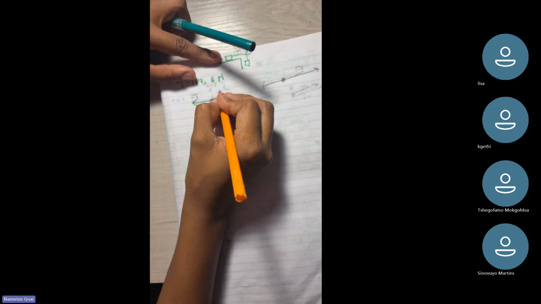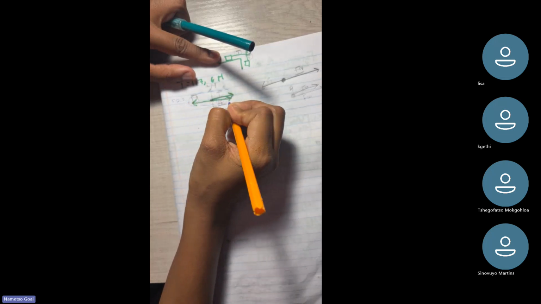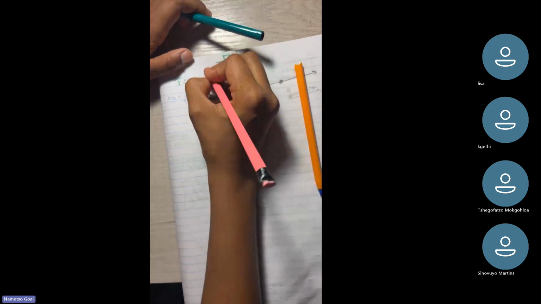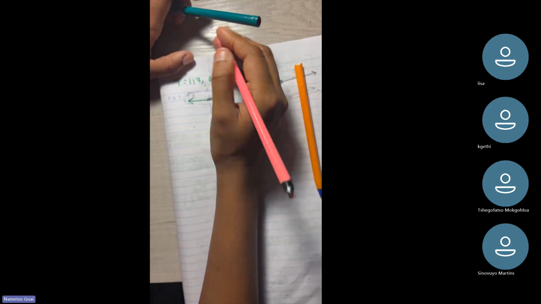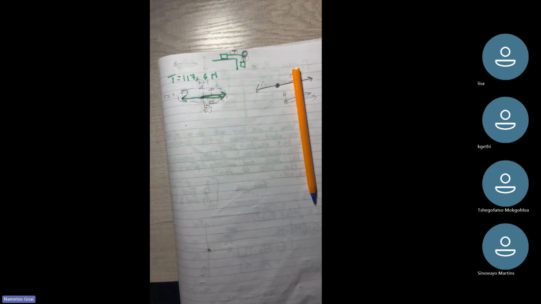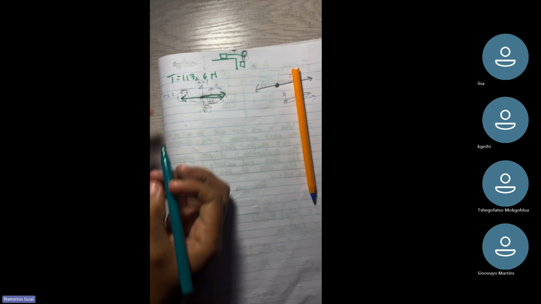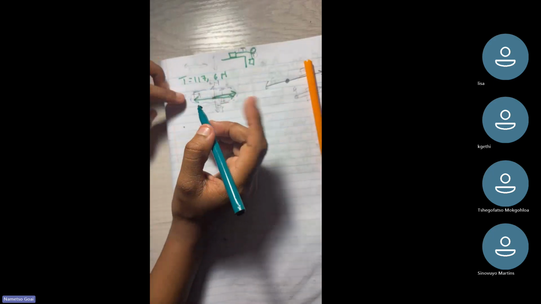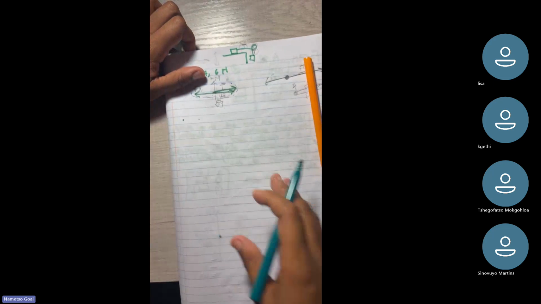As you can see, these forces are all moving along the x-axis, right? Our normal force and our FG are acting along the y-axis, because this is the vertical and this is the horizontal. So if we calculate our horizontal forces, we have to equate them to zero.